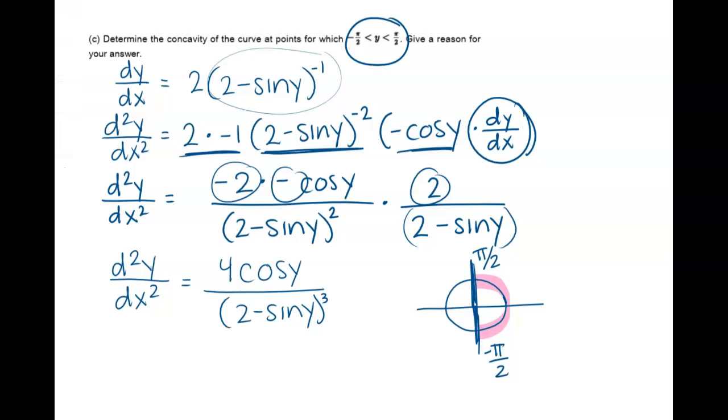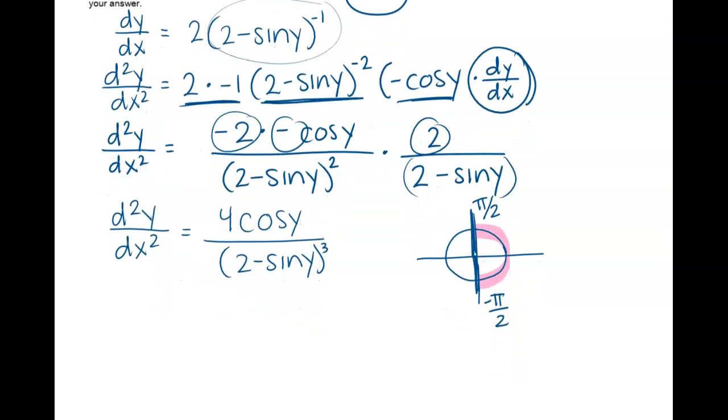And now when that's true, the cosine is always positive. So this will always be positive. The sine is going to be a y value going between negative 1 and 1, but obviously never actually being negative 1 or 1 since negative pi over 2 and pi over 2 are not included.